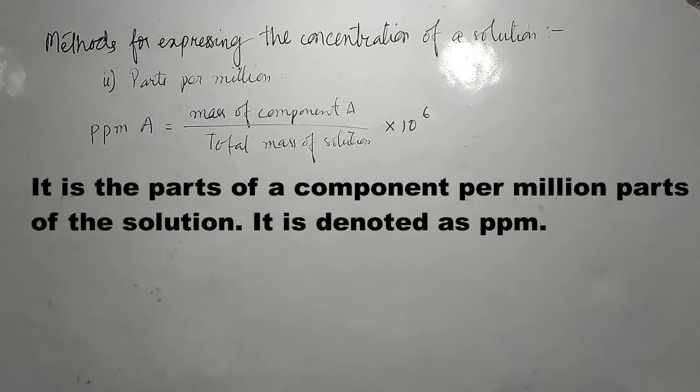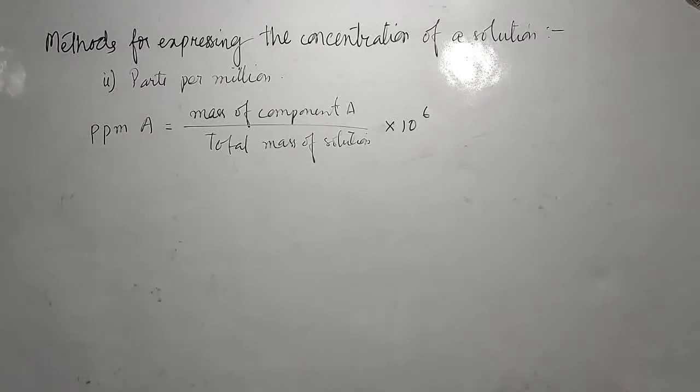The next one is parts per million, abbreviated as ppm. Parts per million is the parts of a component per million parts of the solution. This one is used when the solutes are present in a very small amount.